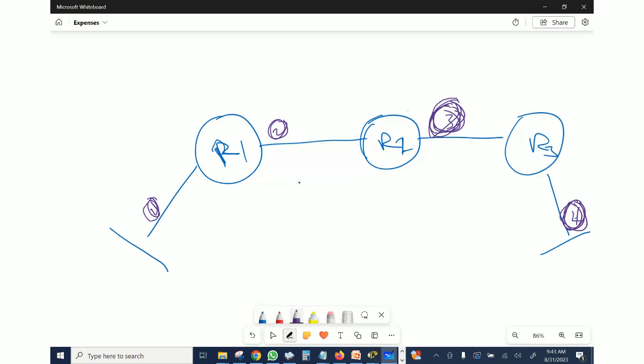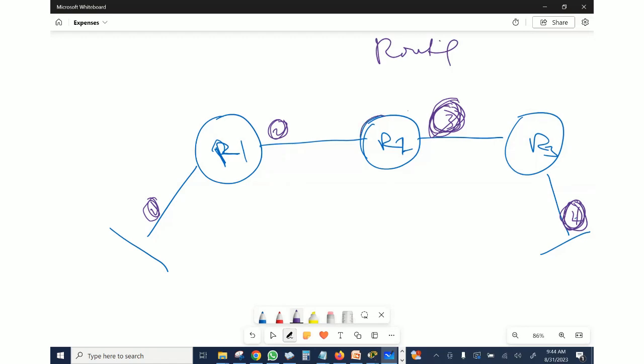It is called routing. The process through which routers tell one another about their connected networks is called routing. That's another definition from me; I invented that definition just now.